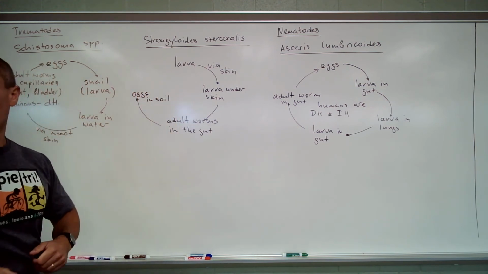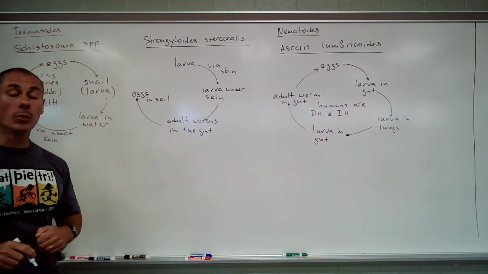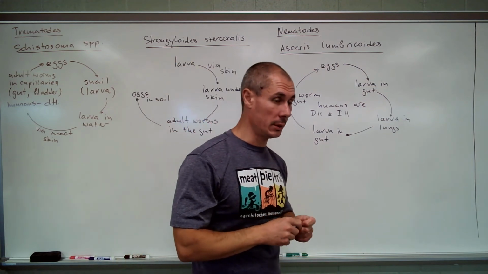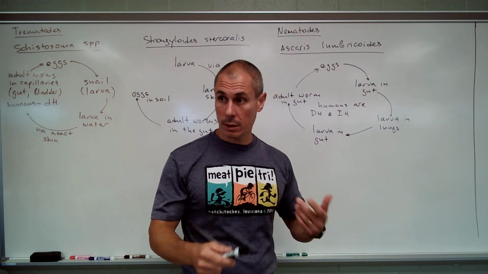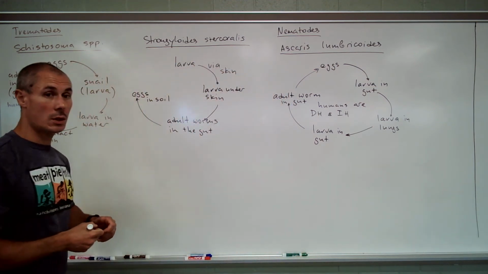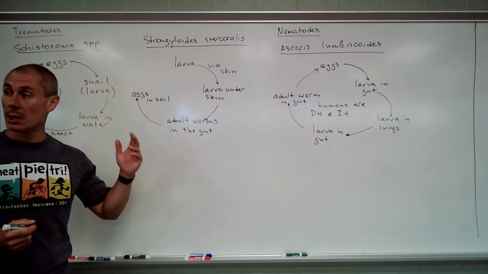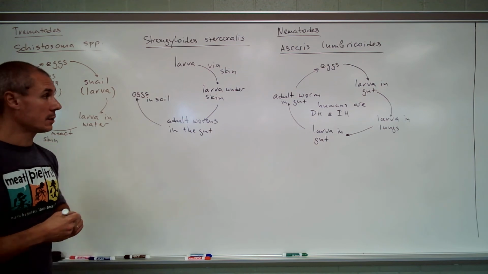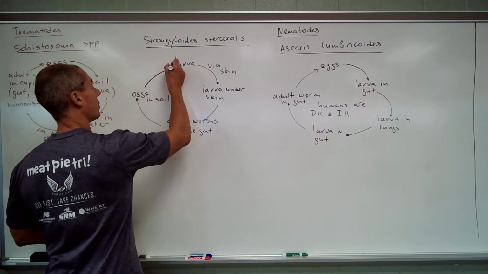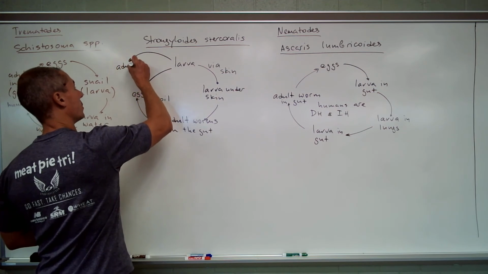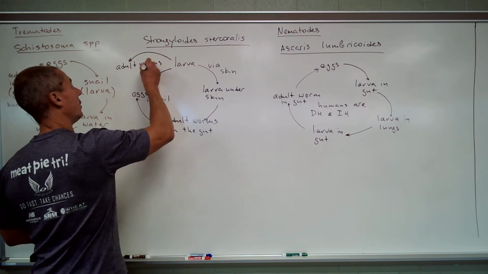And here's an interesting thing that happens. Strongyloides stercoralis is the only worm that causes human disease that also can reproduce without a human. So it's not an obligate parasite. Does that make sense? So eggs can develop into larvae, and the larvae can develop into adult worms in the soil.